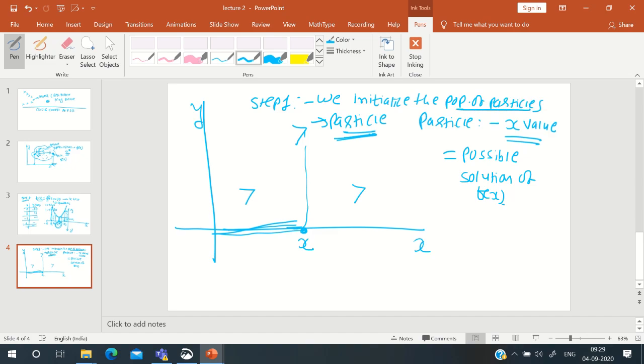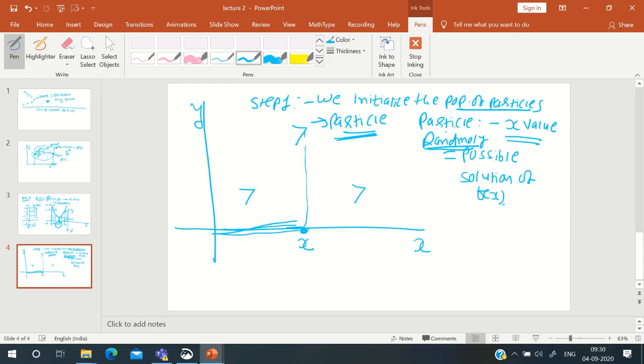And what does a particle indicate? When I say I have initialized one particle, it means I have initialized one x value randomly. I randomly initialize this value. There is no definite logic. This is the meaning of randomization. I randomly generate the particle's x value.